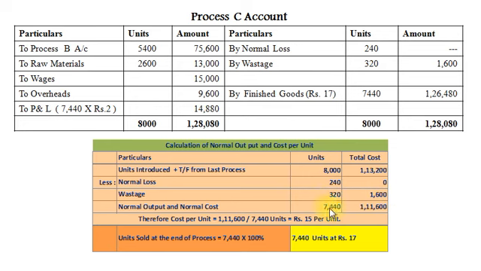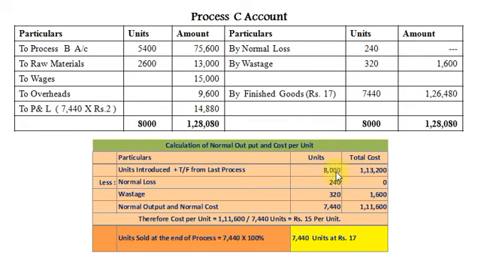So our normal output amounts to 7,440 units and 1,11,600 rupees. Now cost per unit amounts to 1,11,600 divided by 7,440 units is equal to rupees 15 per unit.